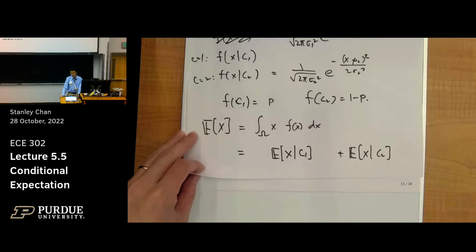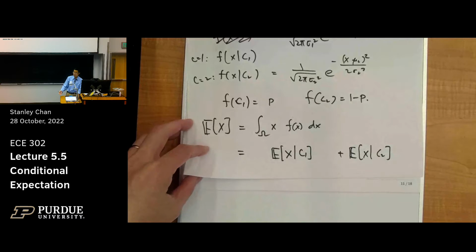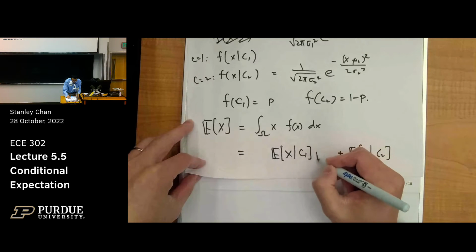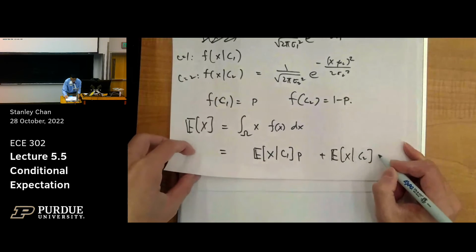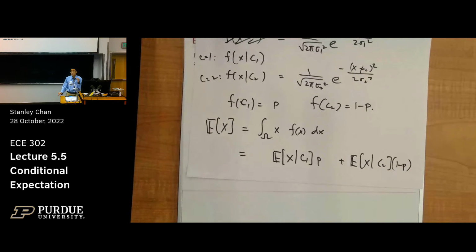Okay, your two expected values. Now, these two expected values are conditional expectations, given C1 and given C2, a decomposition into two halves. And then what is the probability of getting this? Well, it is P. The probability of getting this is 1 minus P. Okay, because they're weighted. If you have more chance of getting this car, then, of course, this mean will matter more to your overall expectation.